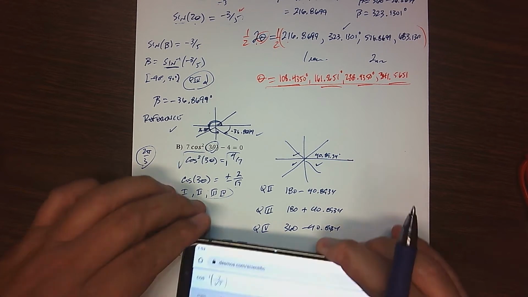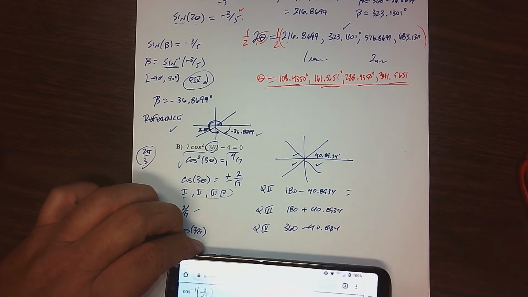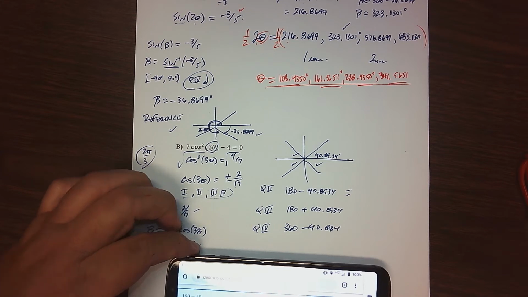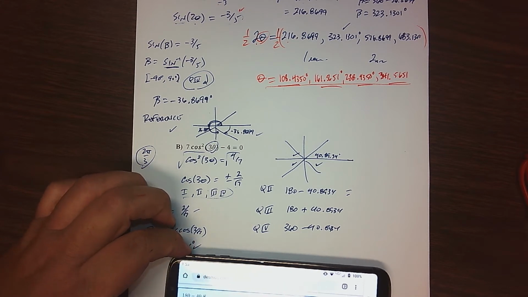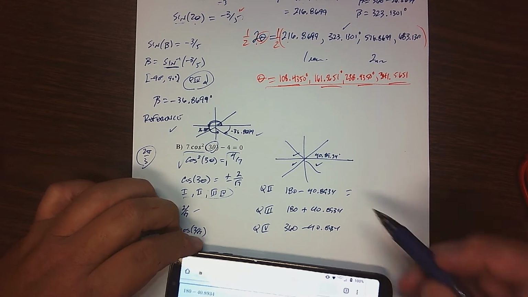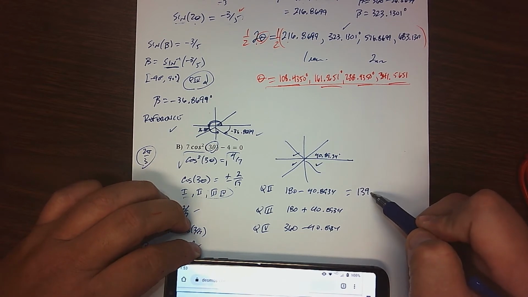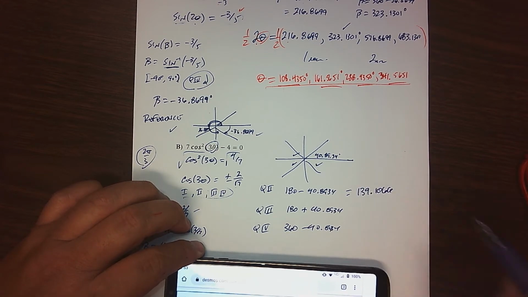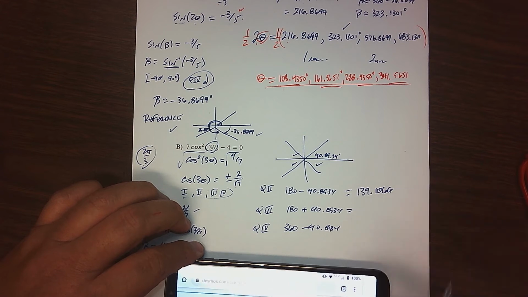So following that strategy, we have 180 minus 40.8934, and that gives us 139.1066. And then the next one, we're just going to add that, so let me change that to an addition.